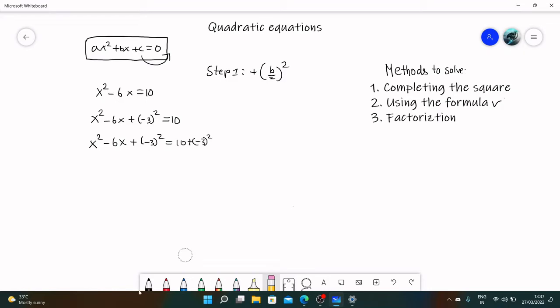Sorry, which will give you 19, because minus 3 squared is 9, so 10 plus 9 is 19.